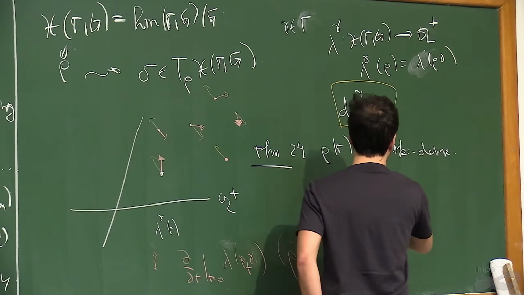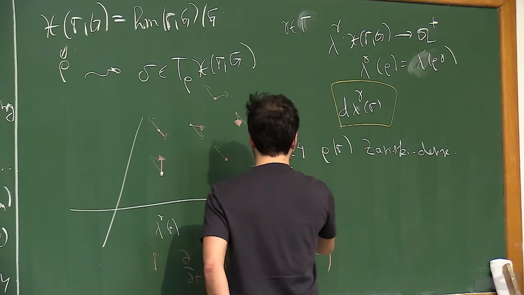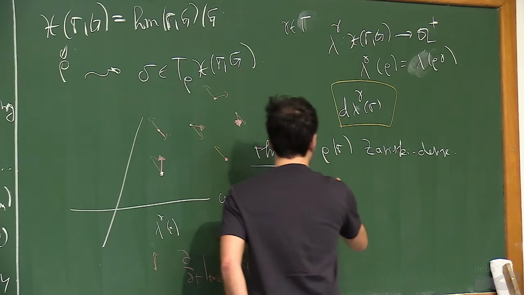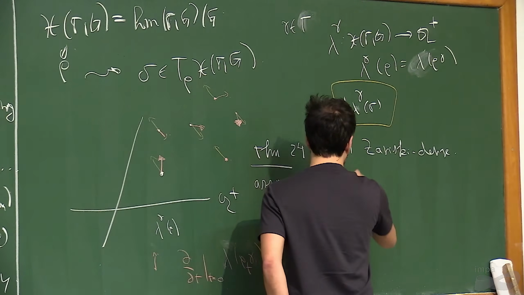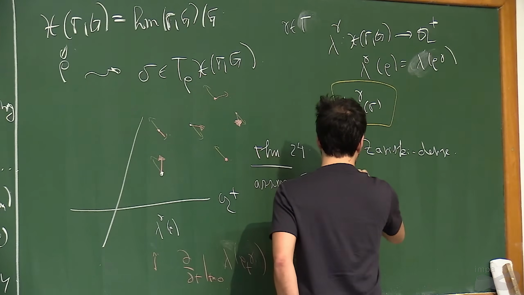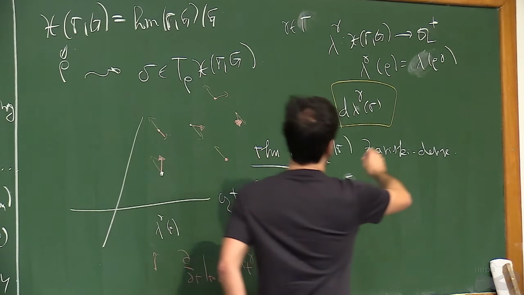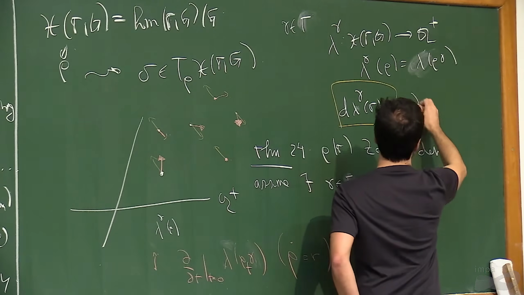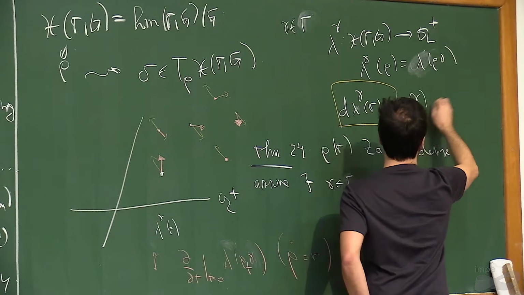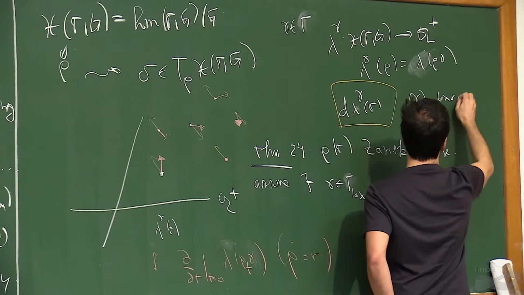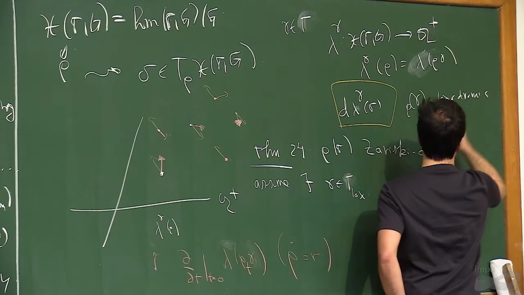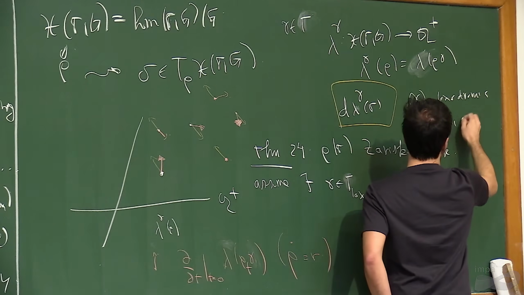And assume there exists some gamma which is loxodromic. So I didn't say what it is. So let me say that rho of gamma is loxodromic if all the inequalities are strict.